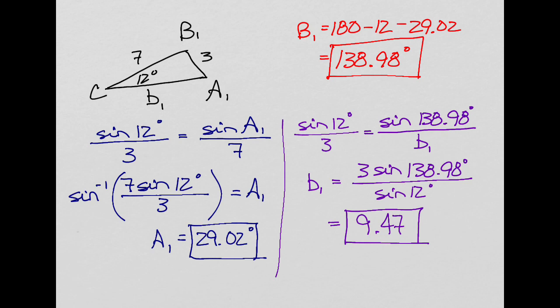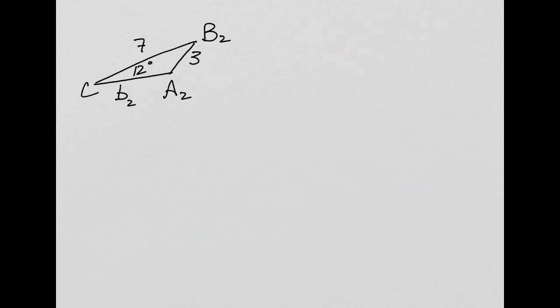And we're halfway done. We have another version of this triangle with another version of angle A, another version of angle B, and another version of side B. The way we make the transition from the one triangle to the other is like this.